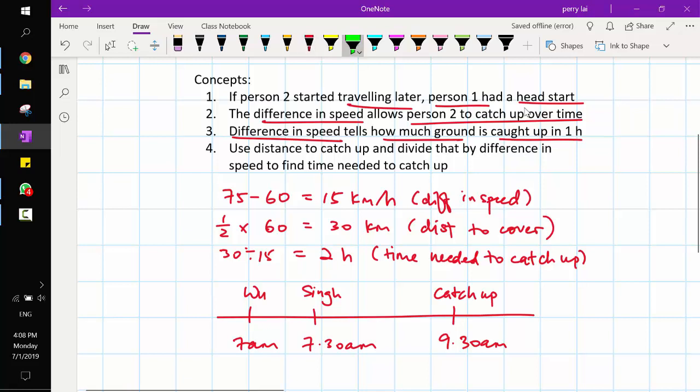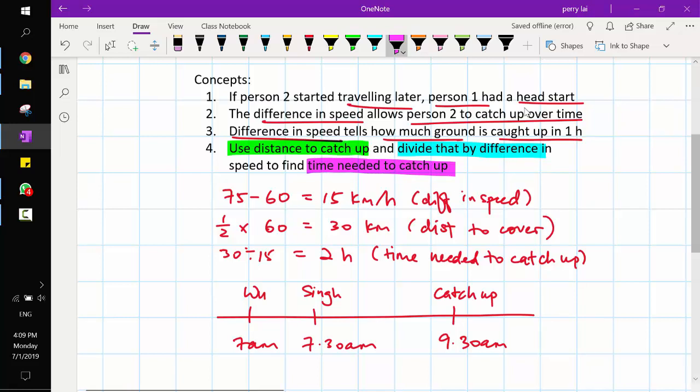First, find the amount of distance needed to catch up. Divide that by the speed difference, because distance divided by speed is going to give you time. But you're going to wonder, what kind of time am I finding, right? So the time you've actually found is the time needed for person 2 to catch up with person 1.